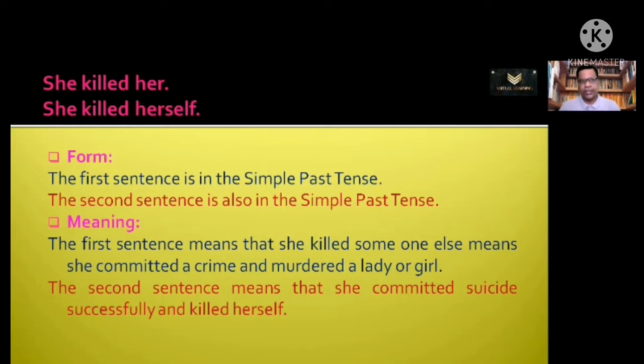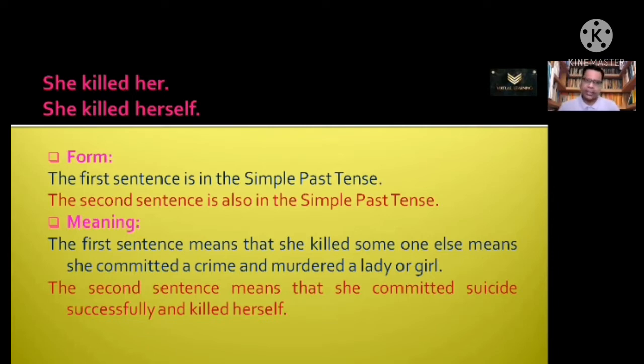So you have another sentence here. She killed herself. So here you have she functioning as subject of the sentence. Killed is functioning as verb of the sentence. And herself is the reflexive pronoun. Okay, so action is getting reverted to the subject.